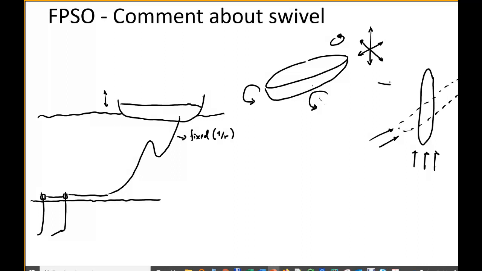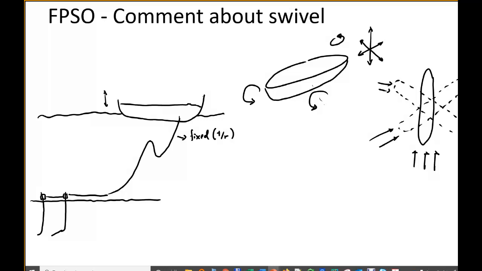But you cannot do that with the pipe, so you have to rotate the ship to take into account the changes in wind, in waves, and sometimes in current. But if you do that, then you will be twisting the pipe, which is not the intention.